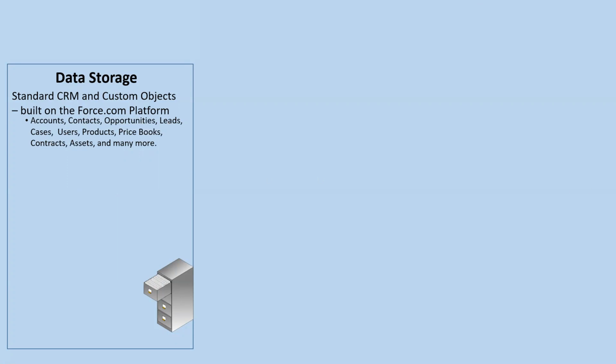Well, there's no point in storing all of this data if we cannot retrieve the data in useful formats that can inform data-driven decision-making. So we have reports and dashboards.